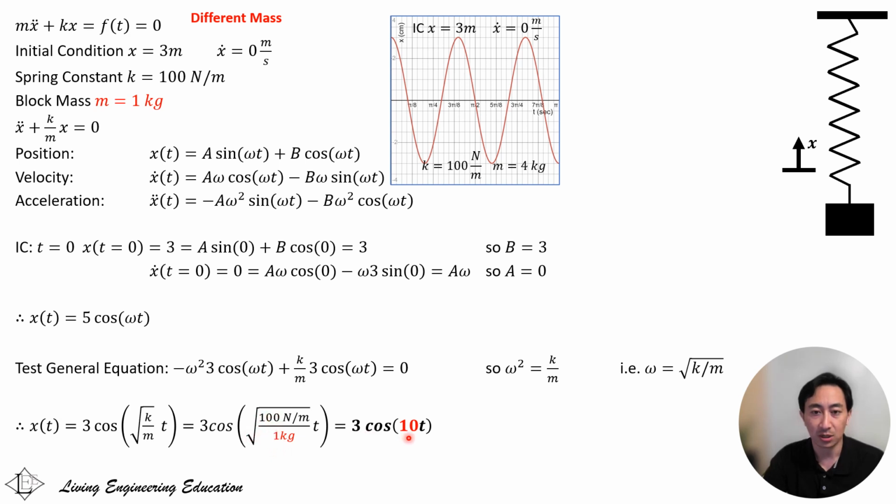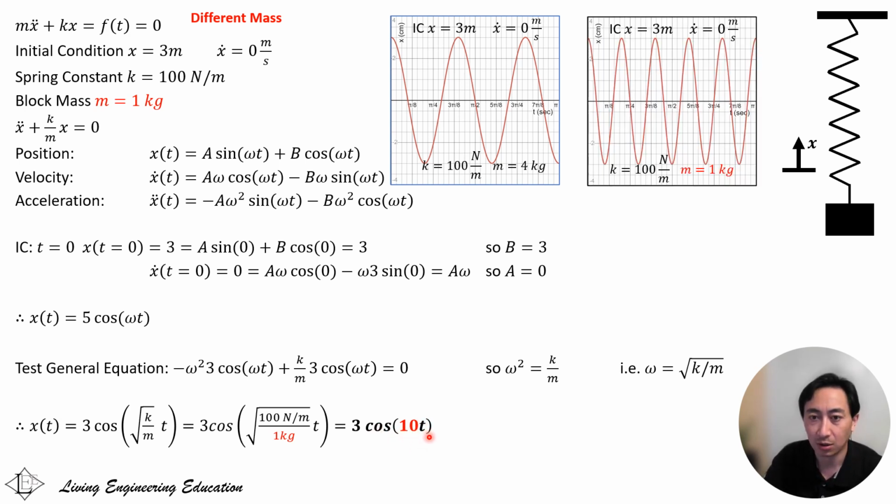So my omega term is now 10, right? So inside cosine will be 10t. So you increase your frequency, right? This baseline solution was 3 cosine 5t. Here we have 3 cosine 10t. We could have changed our spring constant, but this is to show, right?